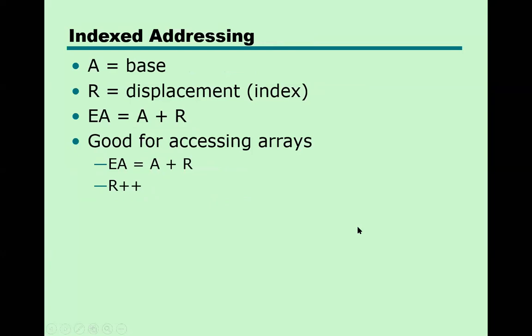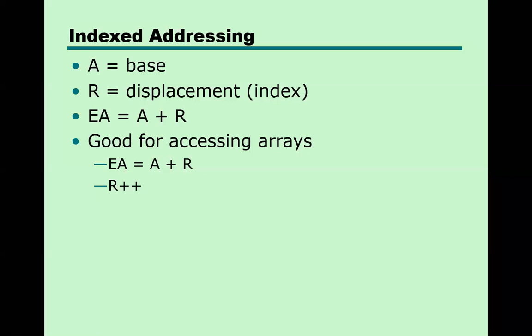Next one is index addressing. Many times you have used this word index, for example, in a for loop, right? In a for loop, each number has an index number, 0, 1, 2, 3, 4, like this, right? In an array also you will find there is an index, 0, 1, 2, 3, starting from 0, right? So what is A here? A is the base.